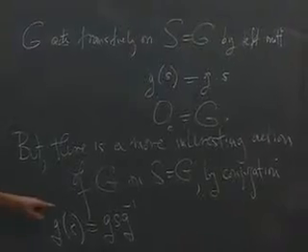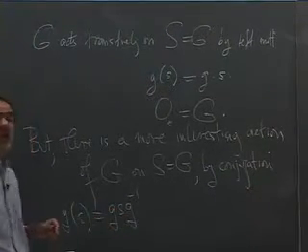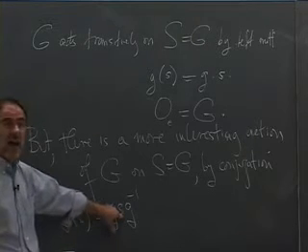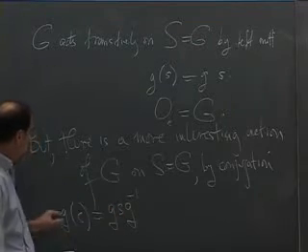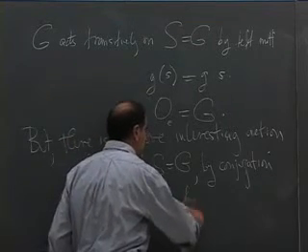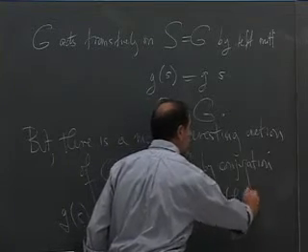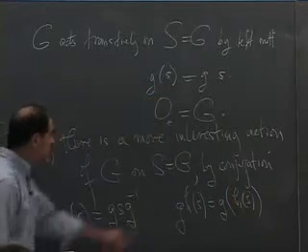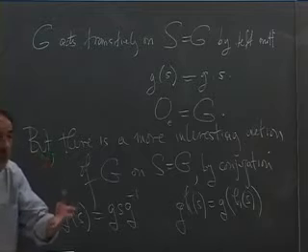This is a new element of the set S, right? And you have to check that it's an action. So the identity takes any element of the group to itself, because the identity commutes with everything, so it gives the identity. And if you take gh of s, that becomes g of h of s. Again, if you first conjugate by h and then conjugate by g, you get conjugation by gh.